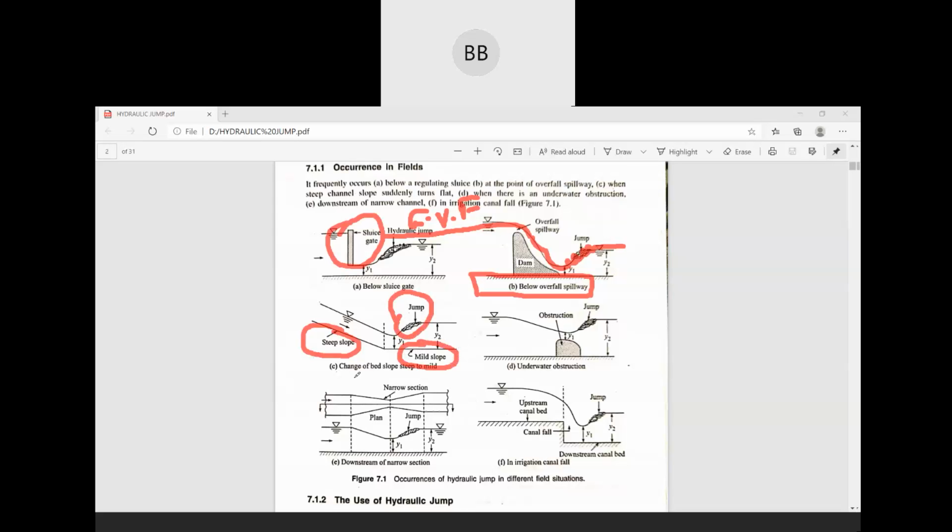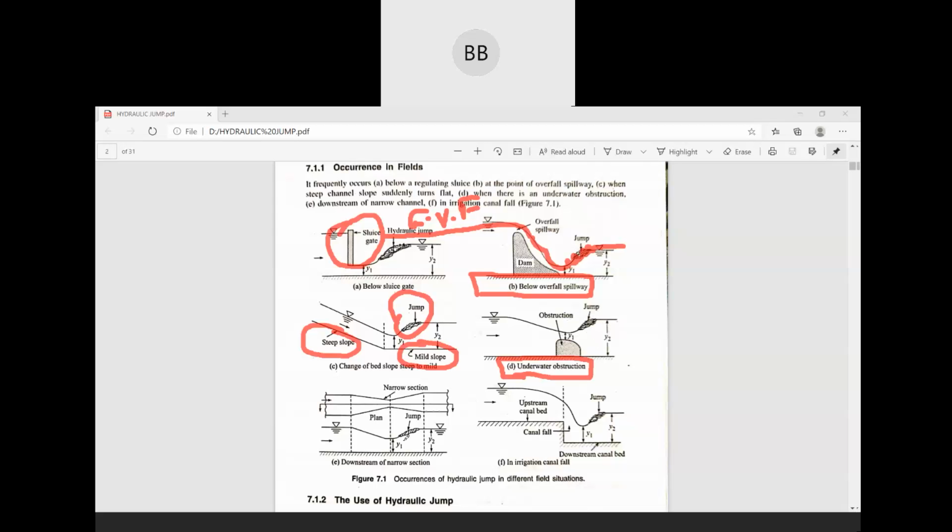Another one is an underwater obstruction which is submerged. The dam and this are two different cases. Here the obstruction is submerged, so there is some decrease in water level, and then again it increases.